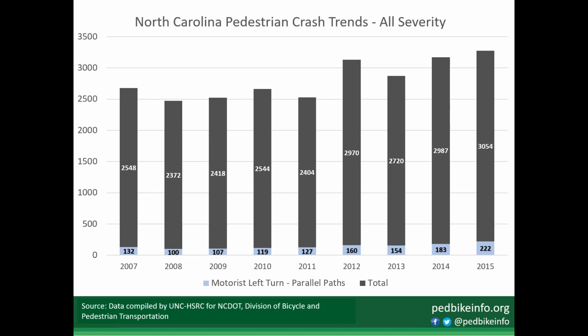And so we're using both of those data sources to have a look at what's going on. You can see the light blue highlighted sections of these columns at the bottom. Those are the total numbers of motorist left turn parallel path crashes in this data set for North Carolina. So that means, well, I'll explain it in just a minute.